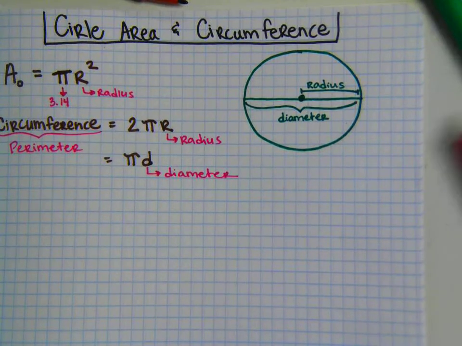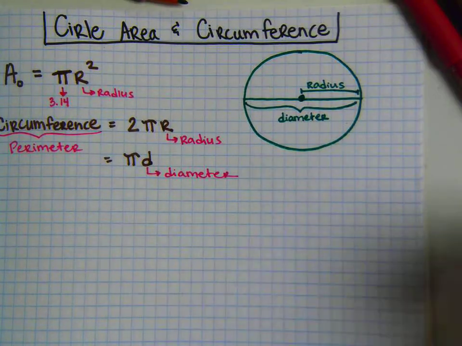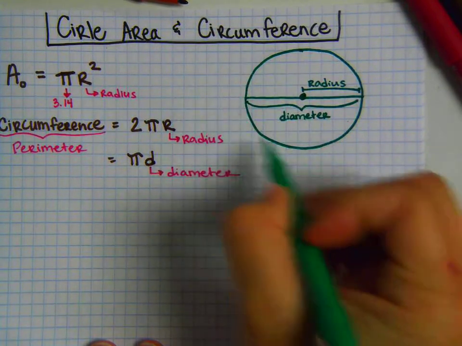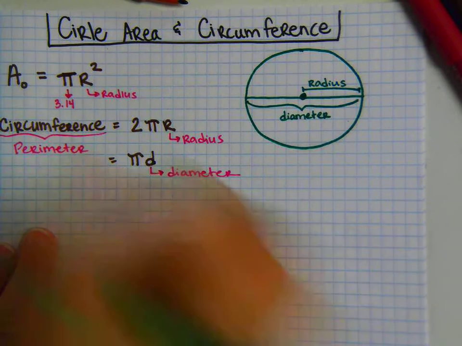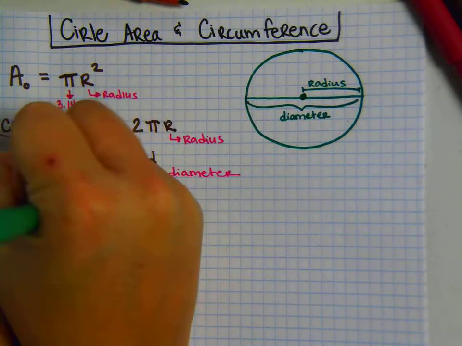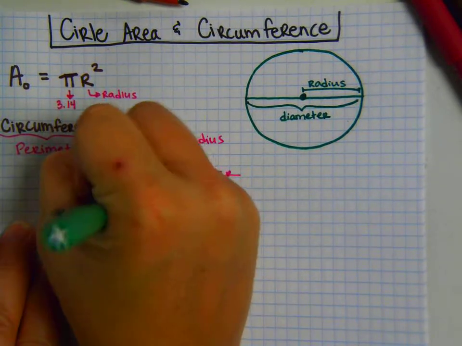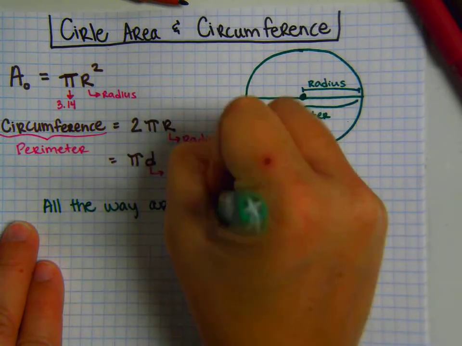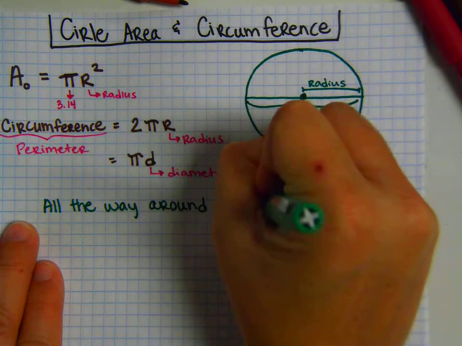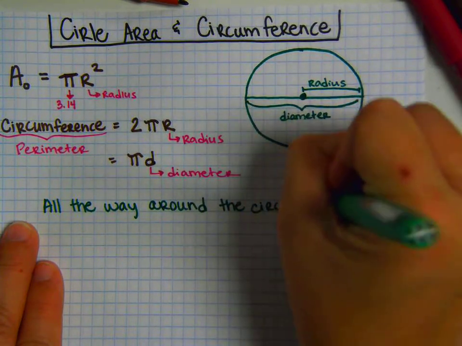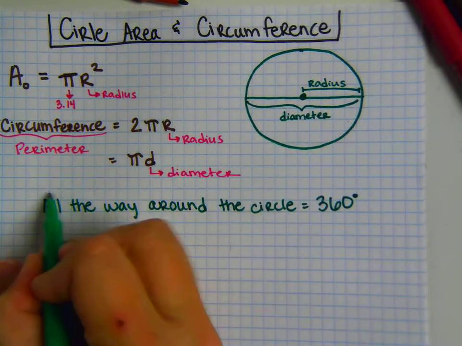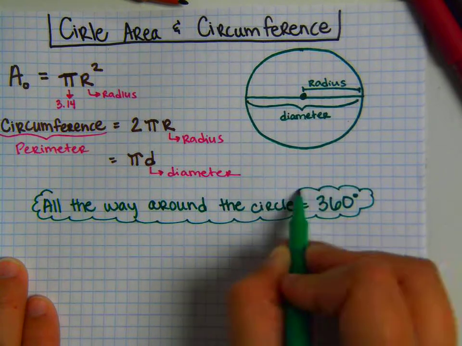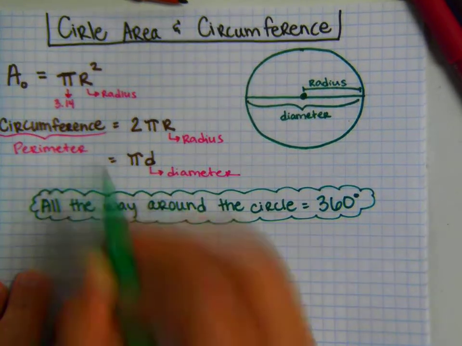And just as a little note, because we will need this in the future, the degrees of a circle, so all the way around the circle, is 360 degrees. So we will use that later on, and just so we can note it right here. All the way around the circle is 360 degrees.